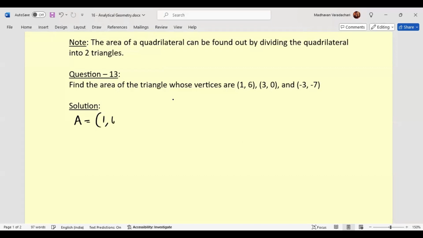(1, 6), B as (3, 0), and C as (negative 3, negative 7). So this will be our x1, this is y1, this is x2, this is y2, this is x3, this is y3.